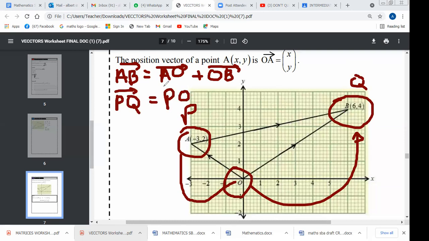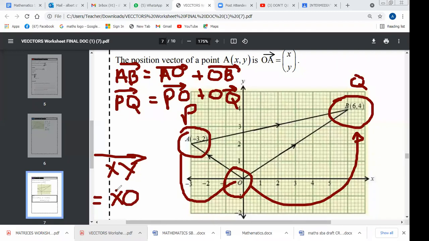P to O, and then O to Q. Right. Suppose it wasn't P and Q. Suppose it was XY. Can somebody tell me what the vector equation is? XY would be X to O and O to Y. And O to Y, yes.